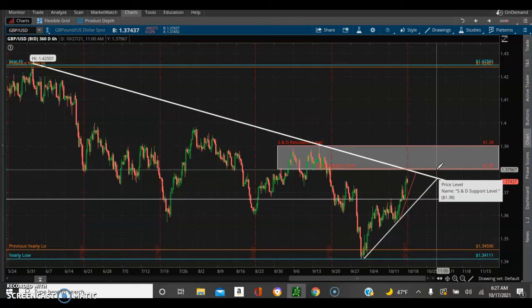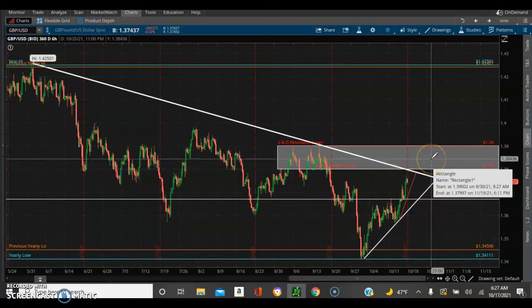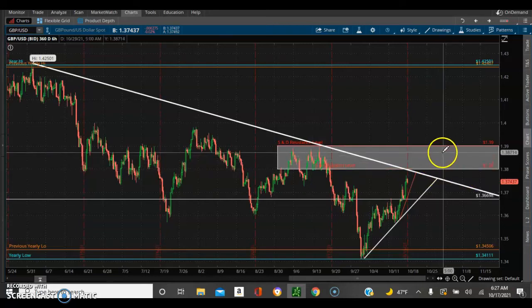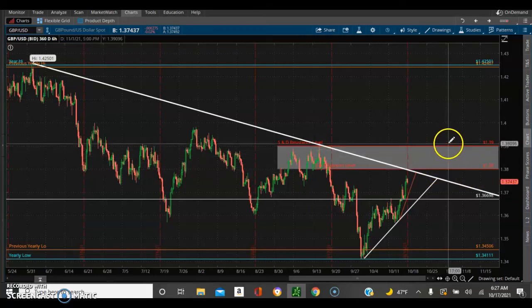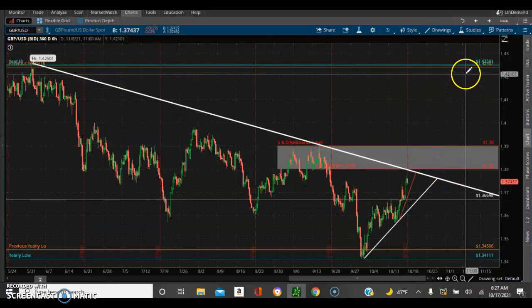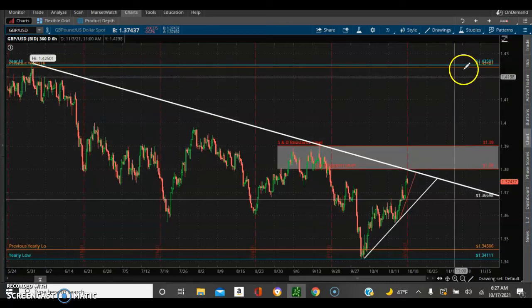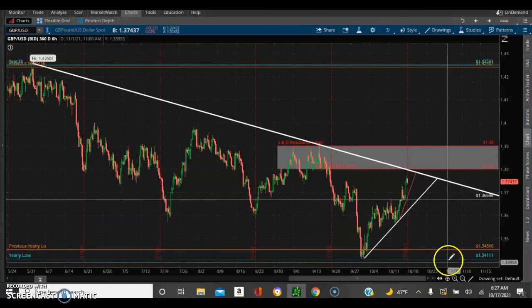We have a big tapering event coming up in November. That's going to be the deciding factor on whether this market goes past this supply and demand zone and moves to the upside to create a new high, or gets very close to it, or continues to fall and makes another lower low and continues the trend.